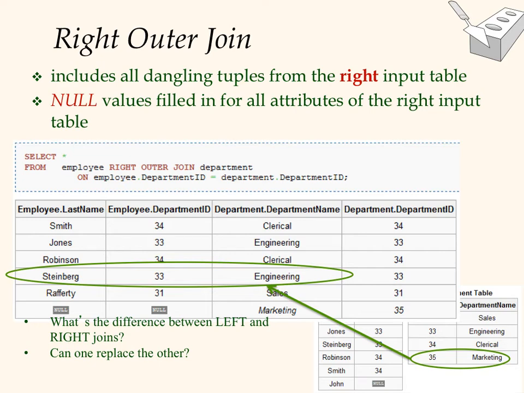As you probably guessed, we can also have a right outer join where the preservation is the other way around. So now we say take all the tuples from the right table, and if they fail to be matched with anything in the left table, then include them as null values.